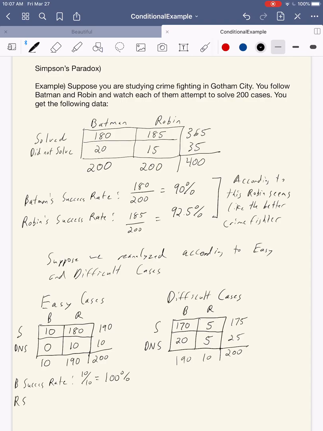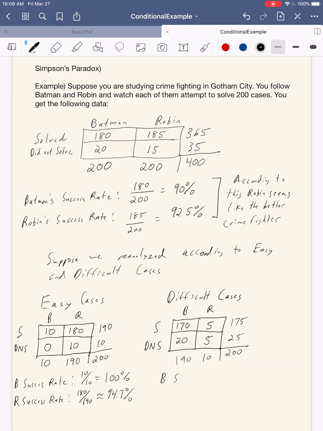For Robin, the success rate: he did 180 out of the 190, which is a pretty high rate, about 94.7%. So we notice that in easy cases, both of them did very well because they were easy cases. But Batman had a 100% success rate, which is definitely better than the 94.7% success rate.